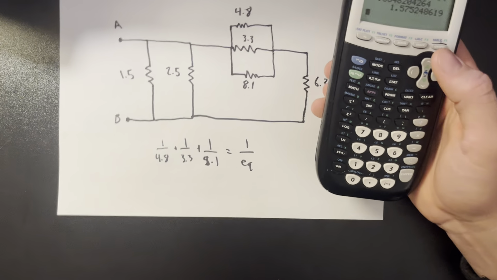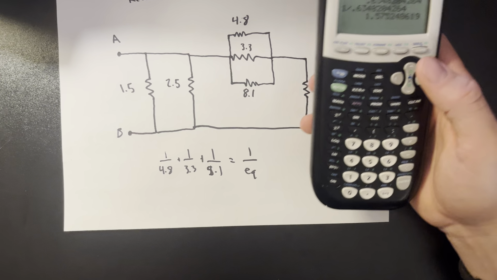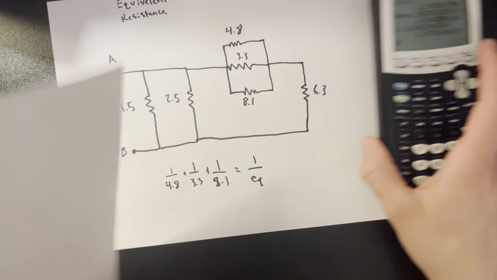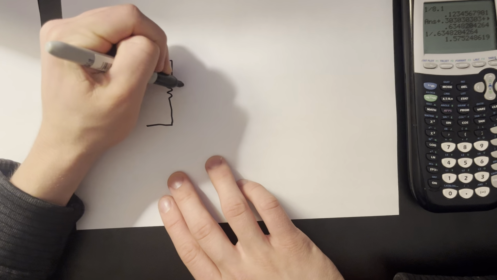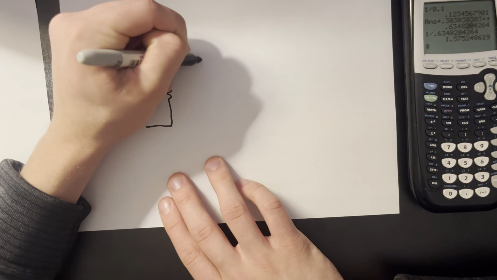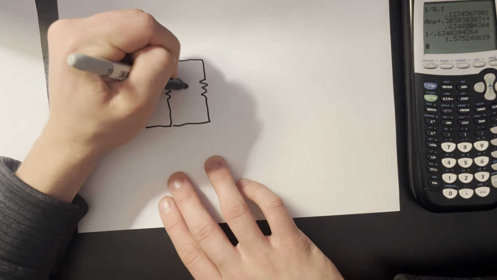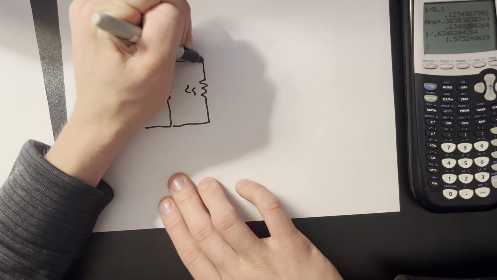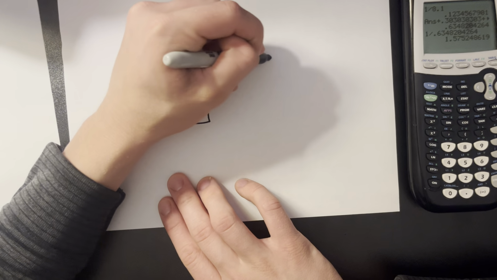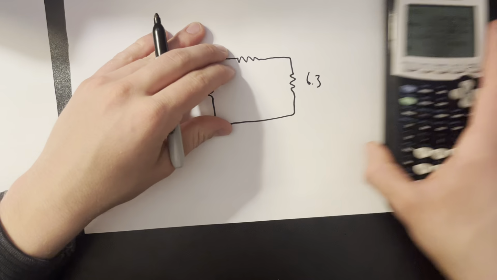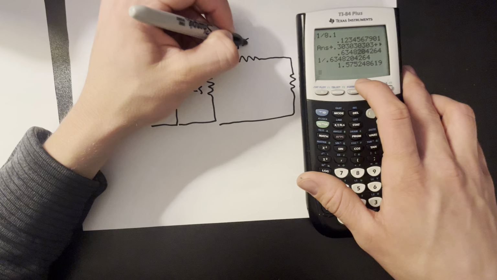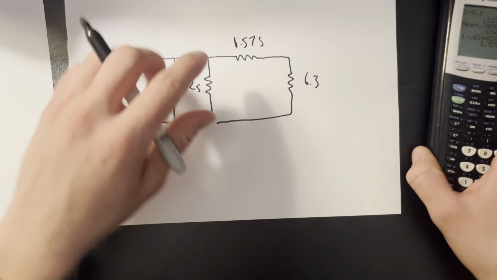So how we can now look at that is, because we added those, we have our 1.5 still, obviously. We have our 2.5. This has now been changed to 1.575. And then the 6.3 is still something.